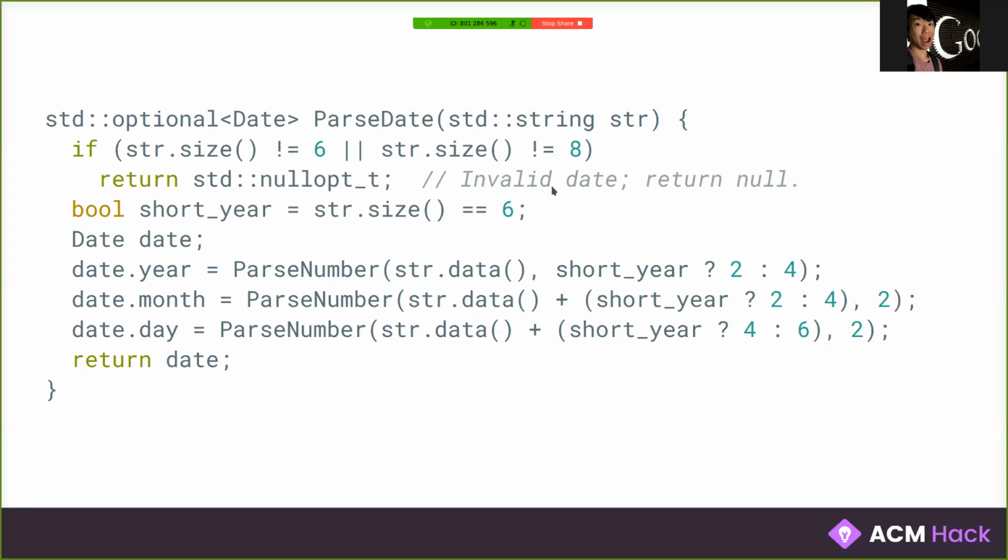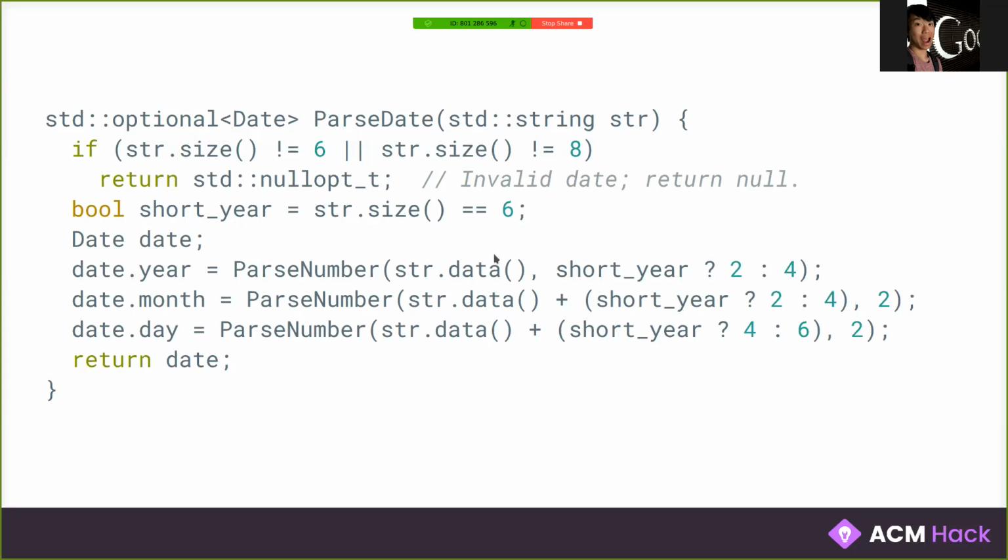So that's this part right here. And we are also going to have a Boolean variable right here that indicates if the year we're looking at is considered to be short. The short year variable is going to be set to true whenever the str size is equal to 6, because in that case we know that the date has only 2 digits for the year.